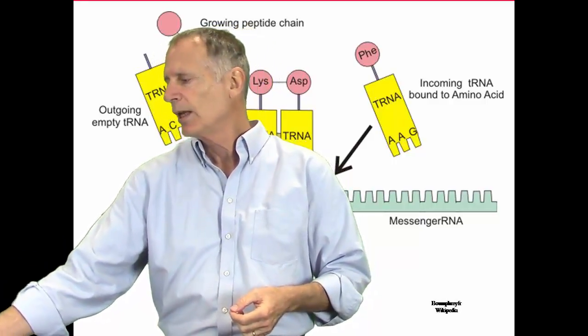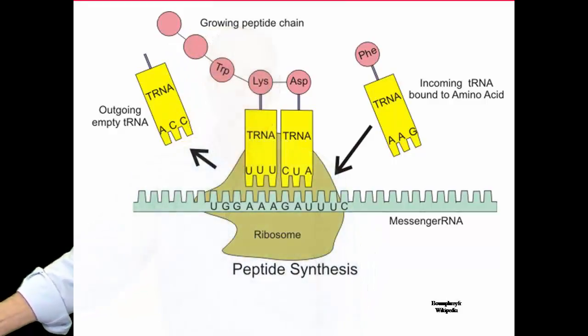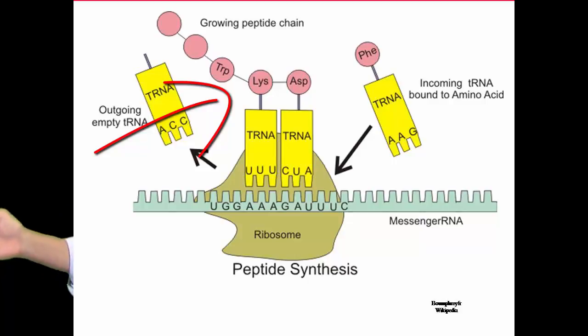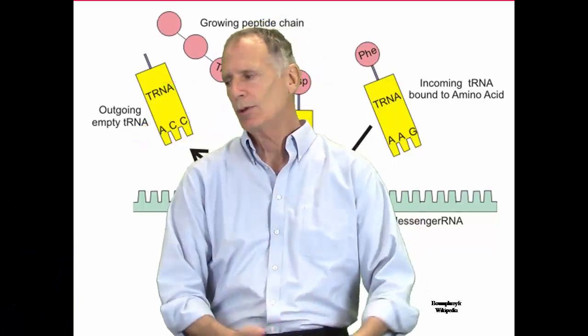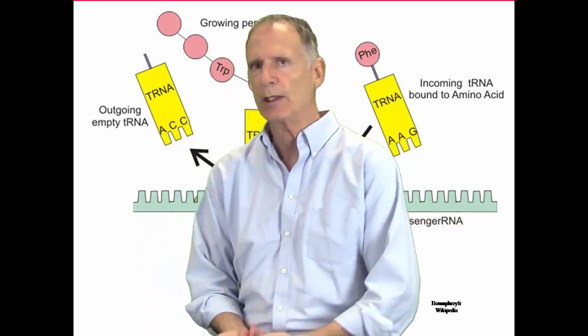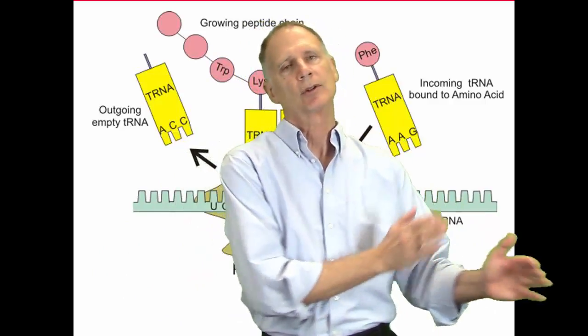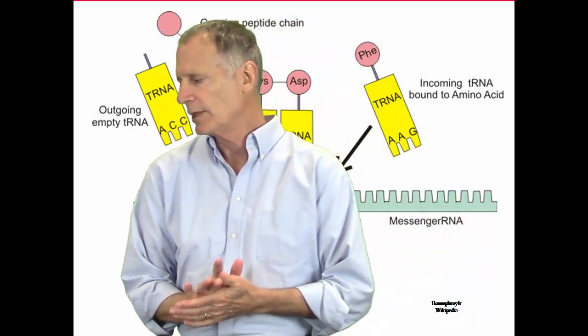It's going to set up, and then you're going to have a whole series of these transfer RNAs bringing in the amino acids, and these amino acids are going to form a growing peptide chain which will eventually create these proteins, being made up of amino acids. And of course different proteins are created by different sequences of amino acids.